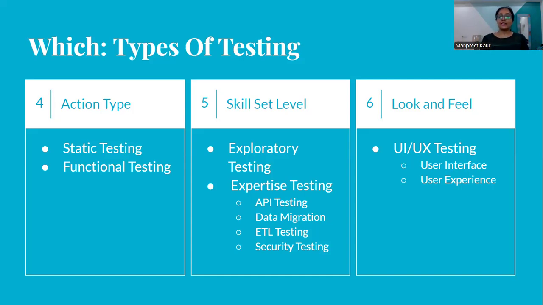Static testing can also be related to the term verification, and functional testing can also be related to validation. They can be interrelated to those terms as well. We are validating that a requirement is in place, right? The requirement is built as per the ask. So this is functional testing.